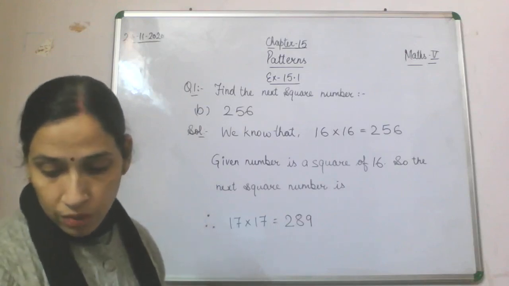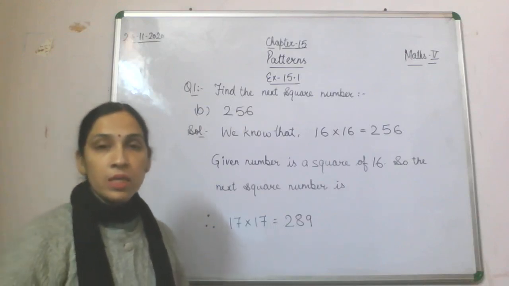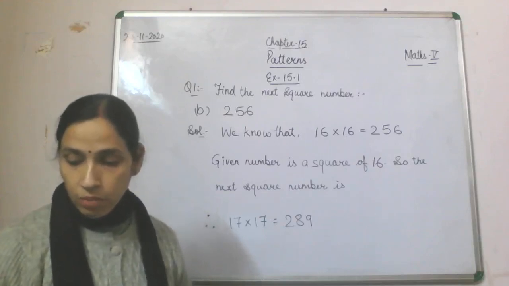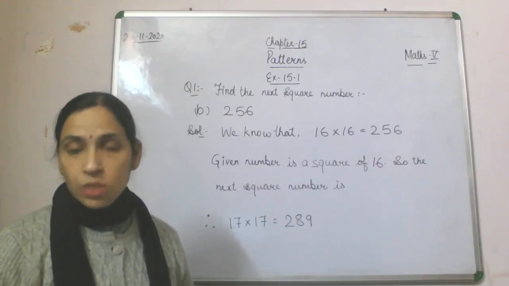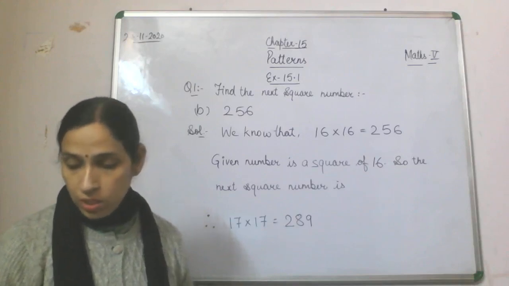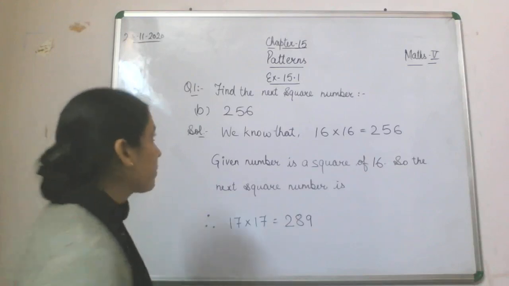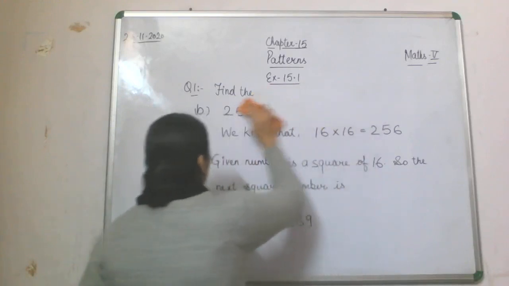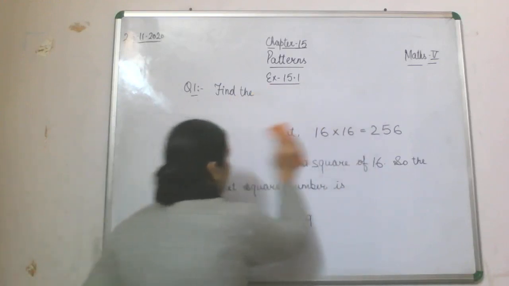So that you all will do it. I hope that is clear to you all. Now we'll come to the next, that is question number 2. Find the square number just before.